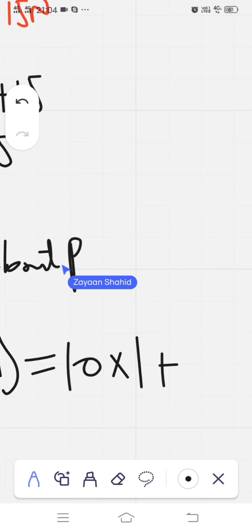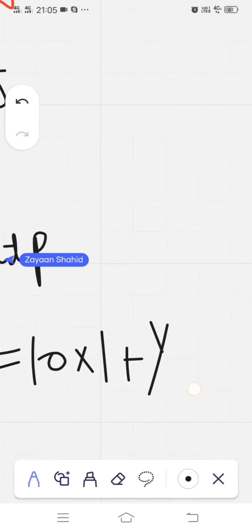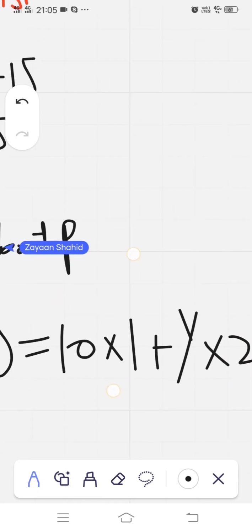We are taking moments about the point P. There are three forces, three moments which we take here. We take 15 Newton, then 10 Newton. Now we are taking y. So y multiplied by the distance of the y force, which is 2.